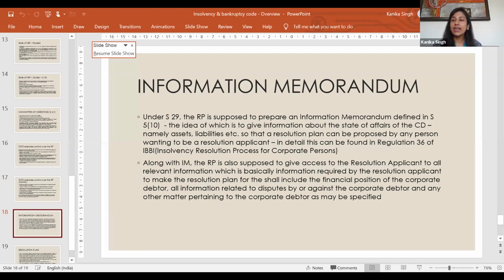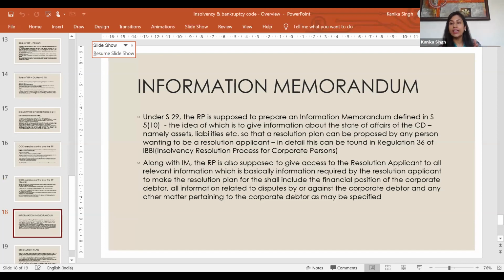So once an RP is there, once the committee of creditors is there, once the RP has completed the whole exercise of collating claims and seeing what the assets of the company are, the RP will prepare a document called an information memorandum. Basically, the idea of this document is that it gives an idea of the company's state of affairs, what its assets are, what its liabilities are.